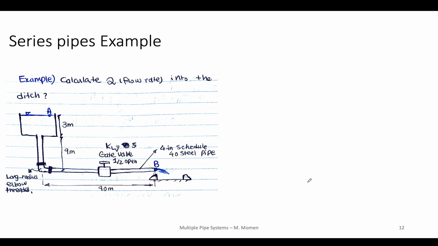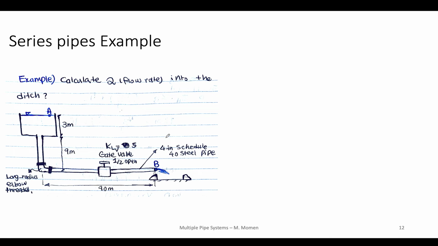In this problem, we want to see how to use those governing equations we mentioned for series pipes to find the flow rate in a series pipe system. As you can see, here we want to calculate the flow rate into the ditch, so this should be problem type 2, right?